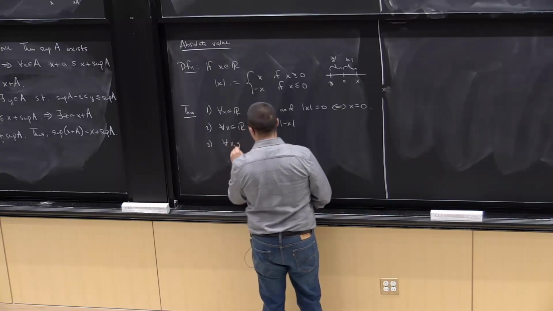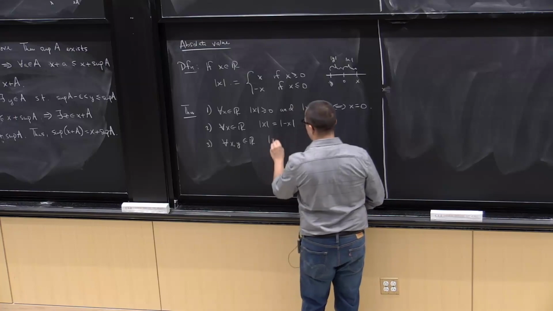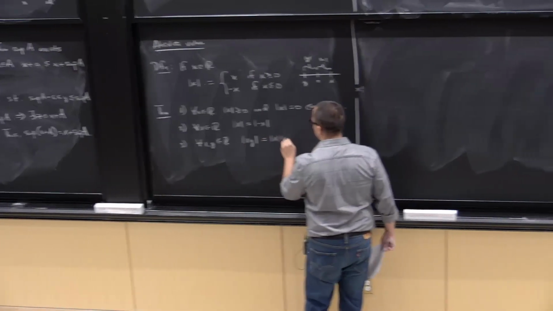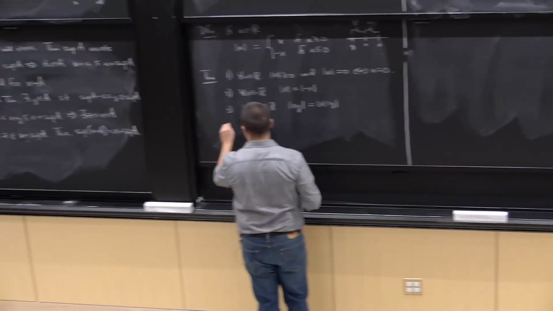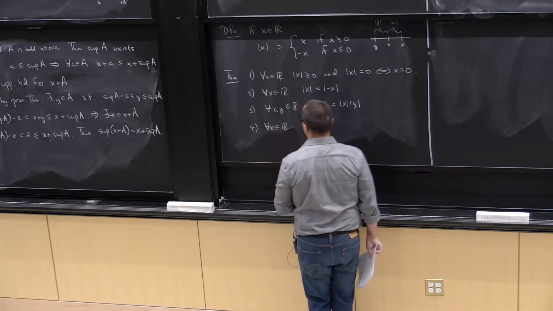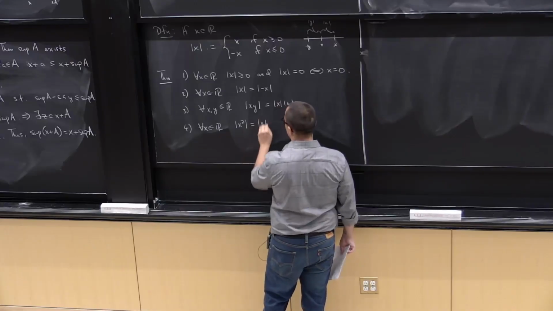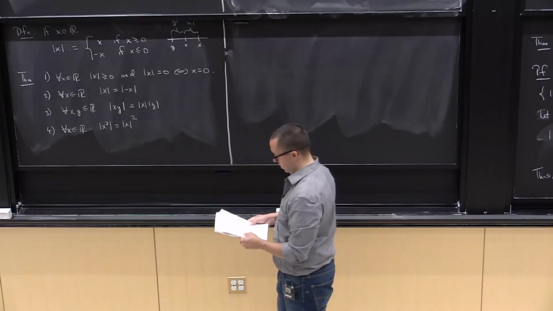For all x, y in R, if I take the absolute value of the product, this is equal to the product of the absolute values. For all x in R, the absolute value of x squared equals the absolute value of x squared.